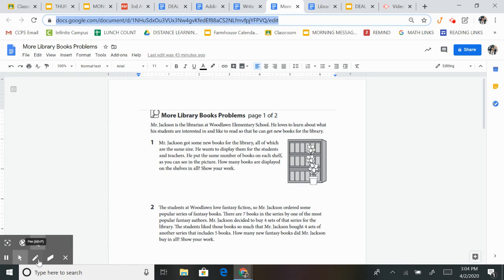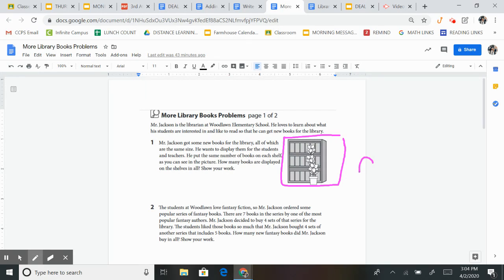Show your work. I'm going to give you a hint. This picture model is an array model. So with knowing that, how can you solve this problem? Use that array model knowledge to find the answer to how many books are on the shelf.